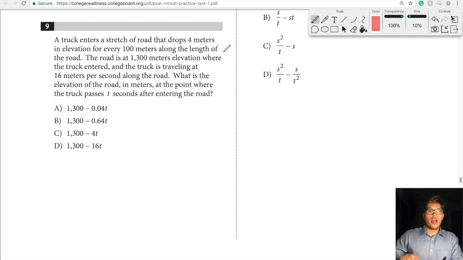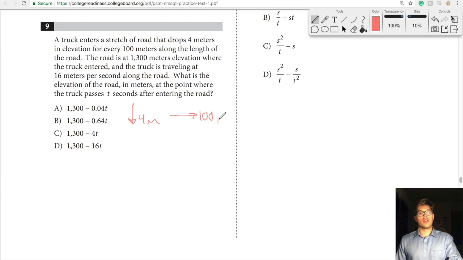Okay, 9. A truck enters a stretch of road that drops 4 meters in elevation for every 100 meters in length. So it drops 4 meters whenever it travels 100 meters. The road is at 1,300 meters. Okay, that's their starting point. Or it's at 1,300 elevation, and the car is traveling 16 meters per second.